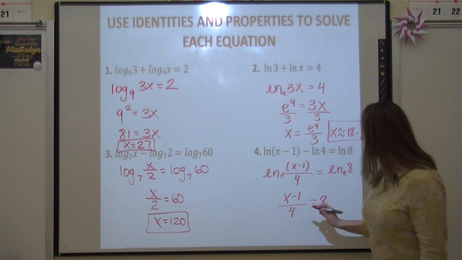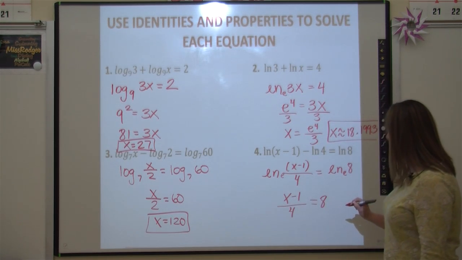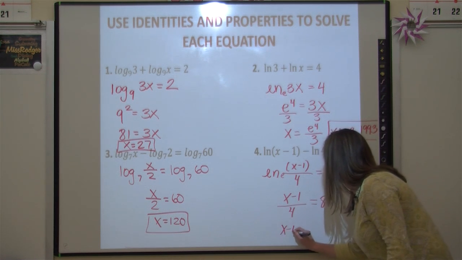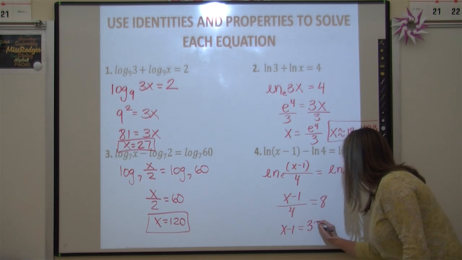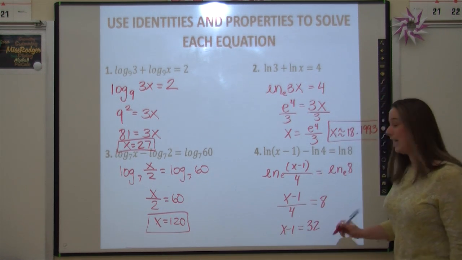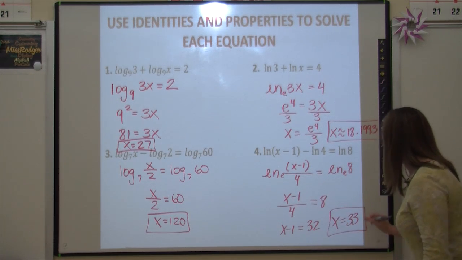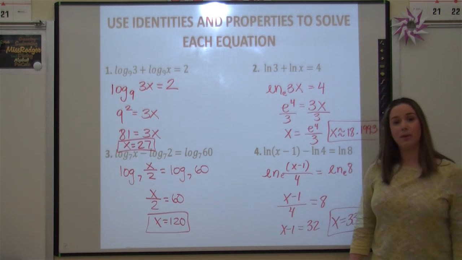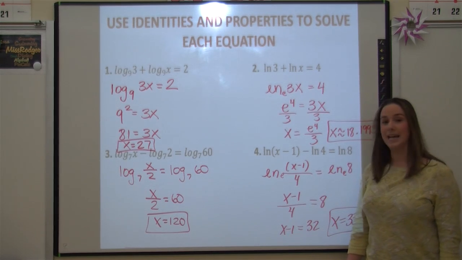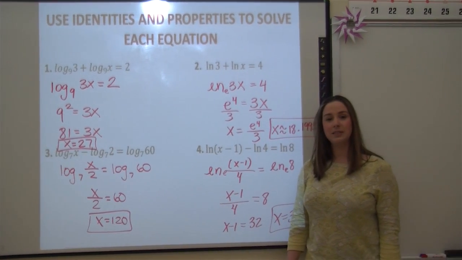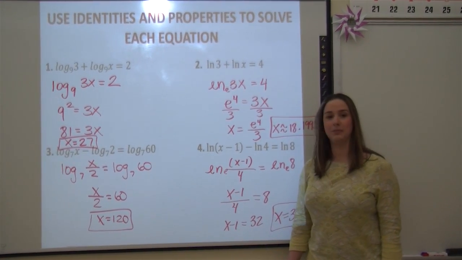Multiply both sides by 4 to cancel out that denominator. And I'm going to get x minus 1 equals 32. Add 1 to both sides, so x is going to equal 33. So we can see various problems where we have to first condense and then solve. So keep this in mind as you're thinking about these problems and solving them.